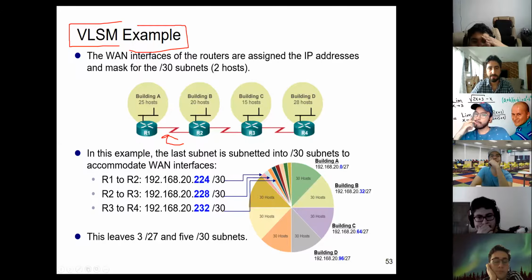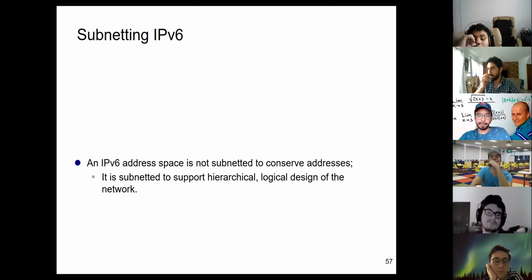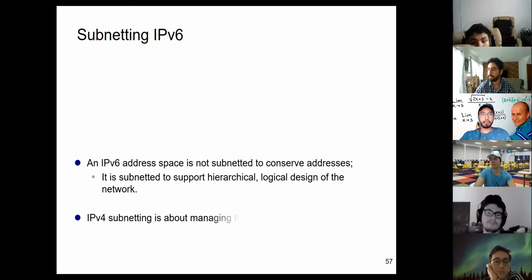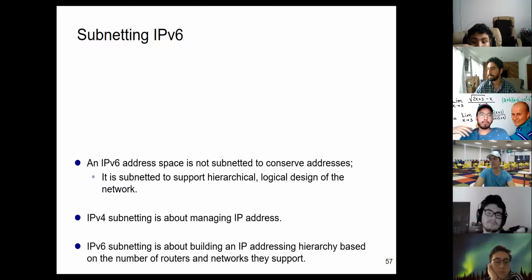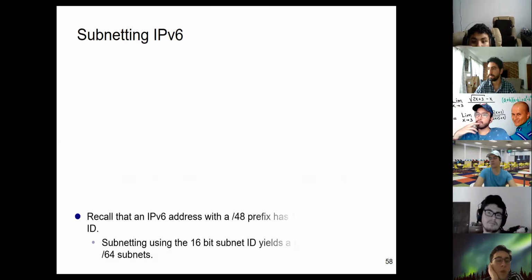So let me go to talking a little bit about IPv6. IPv6 addressing is not subnetted the way that we did with IPv4. If you remember, let me show you this.